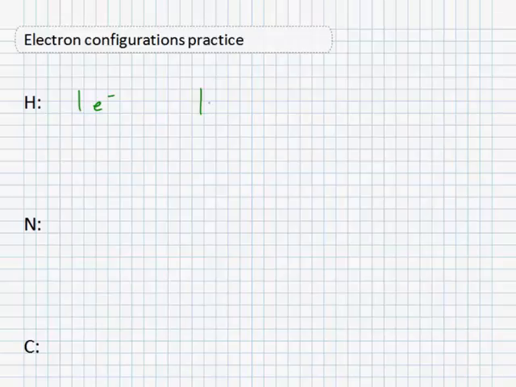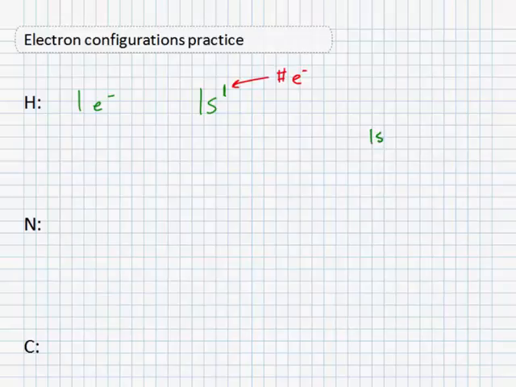So 1s is where that 1 electron will go. And to make an electron configuration, we say 1s1, where that superscript number is how many electrons can be described by that designation. Okay? So just a single electron in 1s.